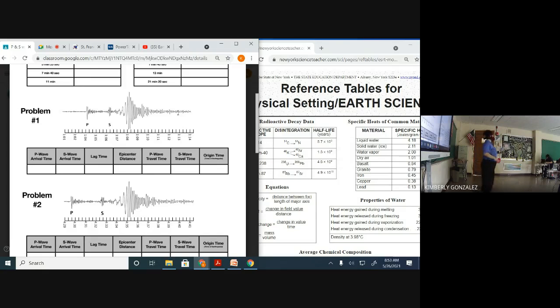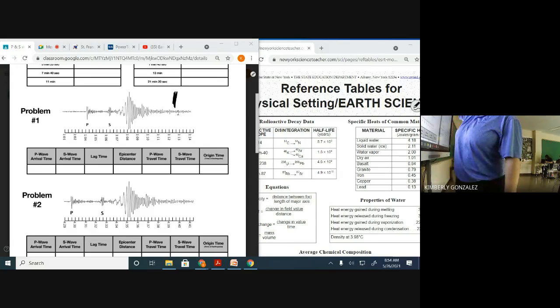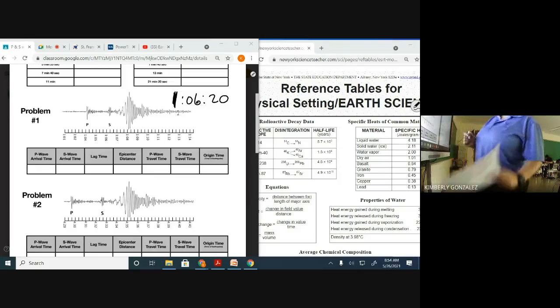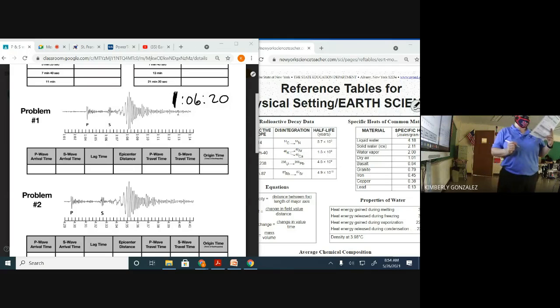So it doesn't matter if you use the P wave time or the S wave time. You just have to be consistent. Personally, what I would use is the one that's the easiest, in other words, the one that's going to give me the easiest numbers. We said that the S wave arrival time was 1:06:20, right?